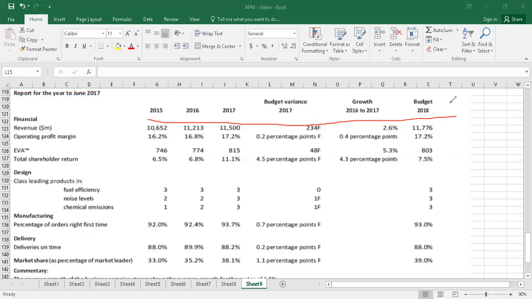Then a trend analysis over a period of time is given. That's very good. For the current year, there is a variance analysis given. That's also very good, so the performance measurement in terms of variance analysis is appropriate. There is a forecast for the next period given. There is a comparative analysis of the performance of 2016 to 2017.